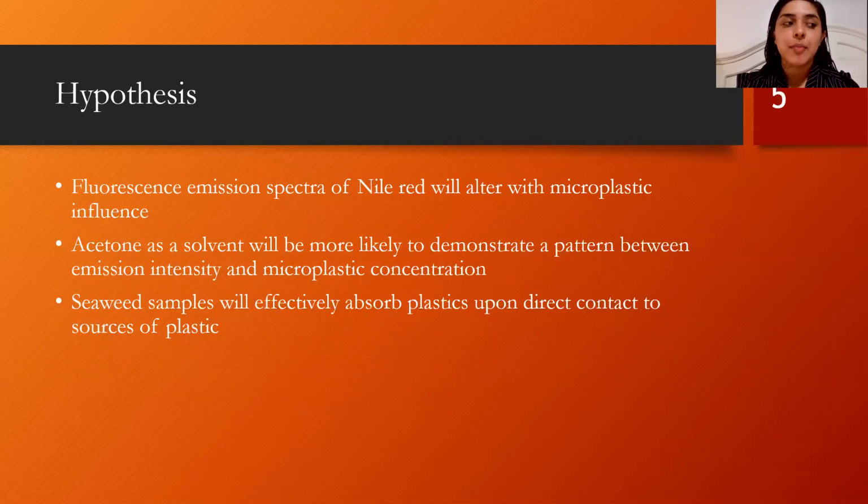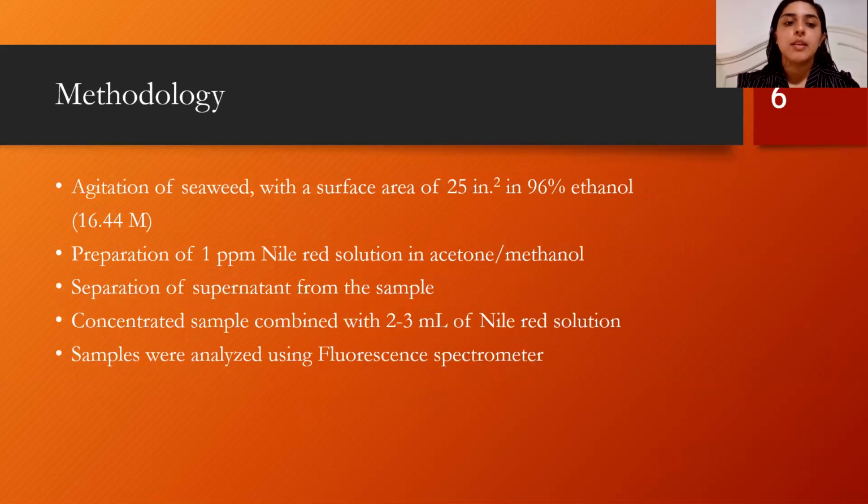In the formation of my saturated samples, for the purposes of comparative data, I hypothesized that the seaweed would be able to absorb several plastics upon direct contact with a direct source of plastic. My methodology for every single seaweed sample that I used in my research was very similar.